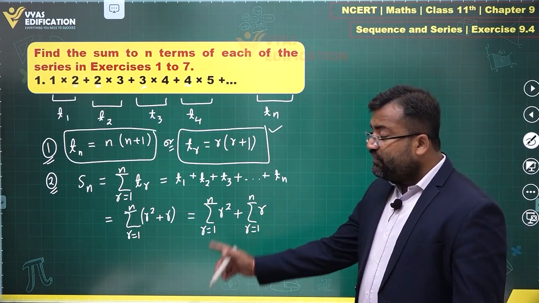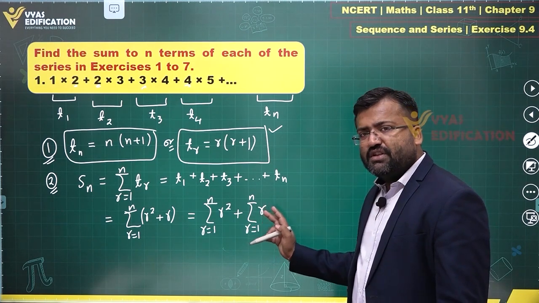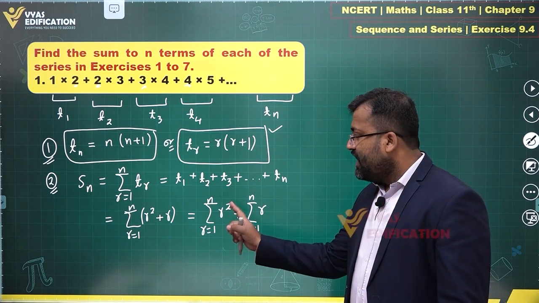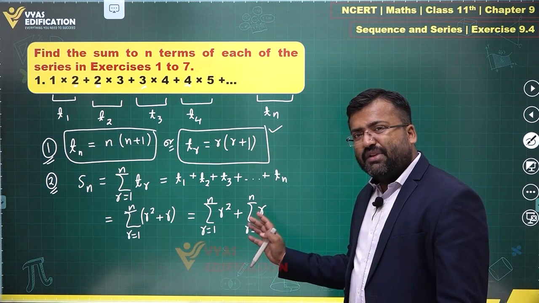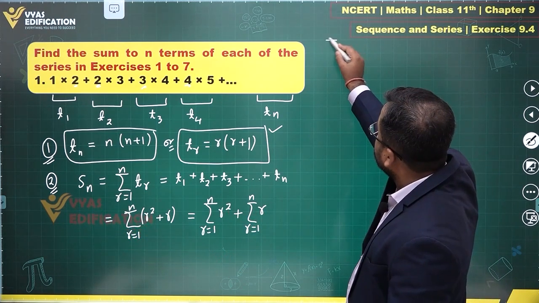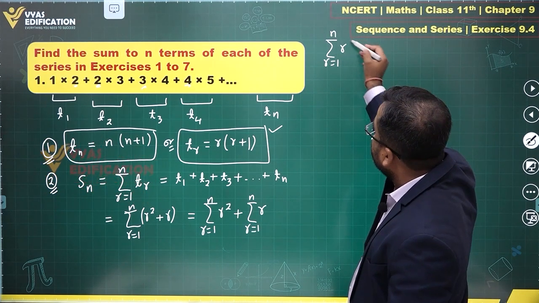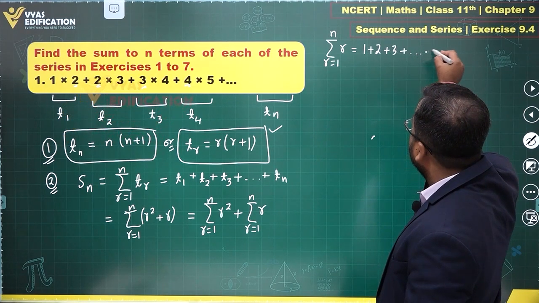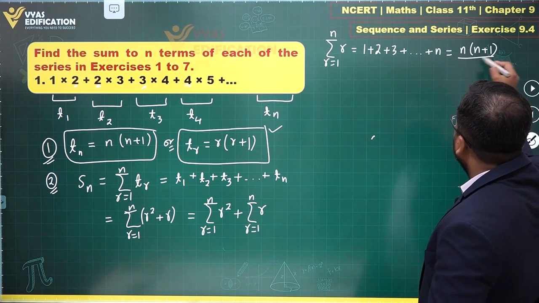And these are two very standard summations. This is summation of r, which says 1 plus 2 plus 3 plus 4 plus dot dot dot up till n. This says 1 square, 2 square, 3 square, add them plus dot dot dot up till n square. So what are these summations? Summation of r from r equal to 1 to n is 1 plus 2 plus 3 plus dot dot dot up till n, and that is equal to n times n plus 1 by 2.